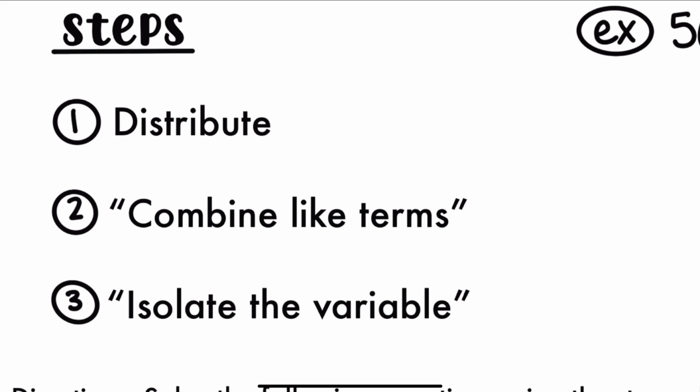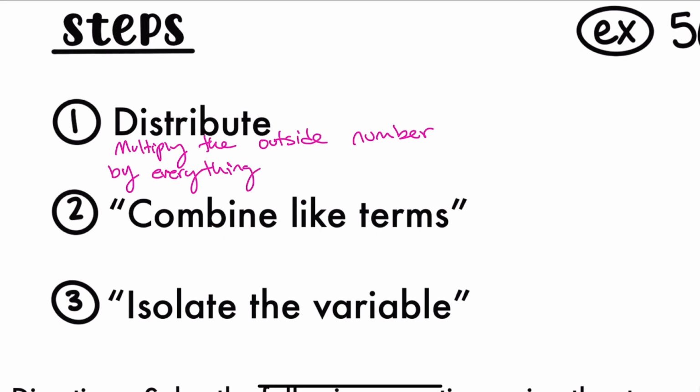But what do those even mean? When we distribute, I'm talking about the distributive property. When we distribute, that means that we are going to multiply the outside number by everything inside of the parentheses.